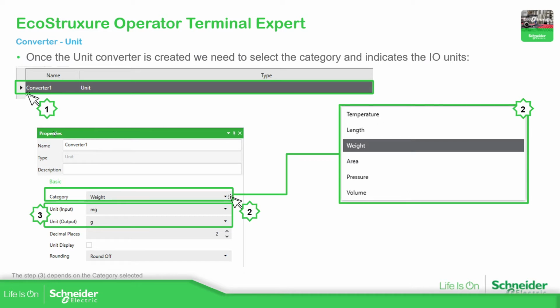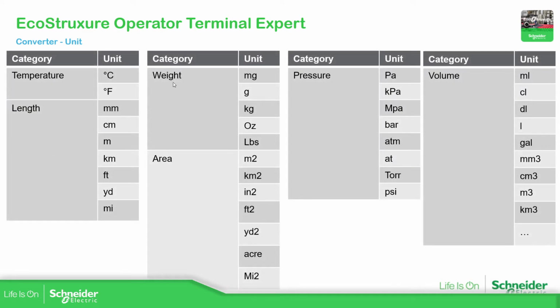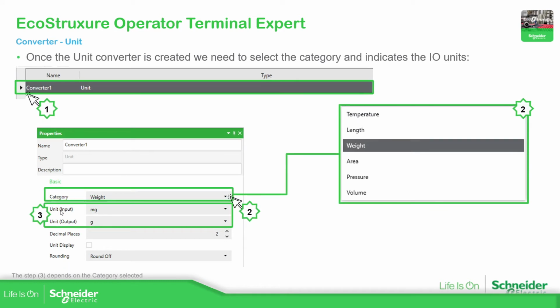On the right side, you can see the properties, the category, the ones that we talked about, one of these converters. Then what we need to define is the unit, which will change depending on the category. Then we have the option to configure the decimal places and also the unit display. This unit display allows us to see on the screen the units that we have selected.